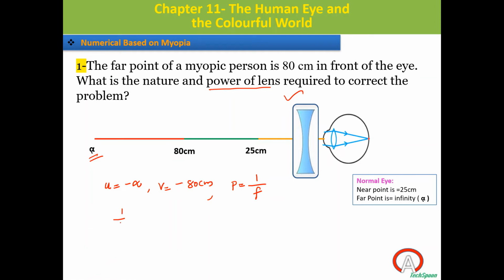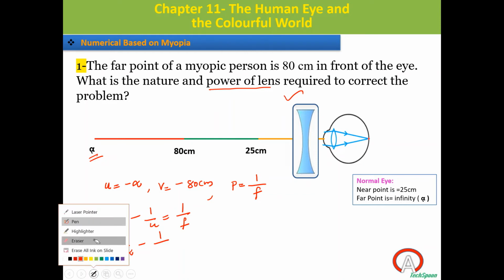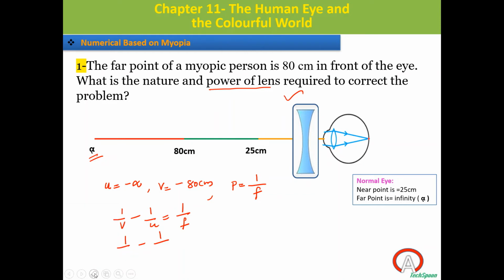That is 1 by v minus 1 by u is equal to 1 by f. Substitute and find out. 1 by minus 80 minus 1 by minus infinity is equal to 1 by f.